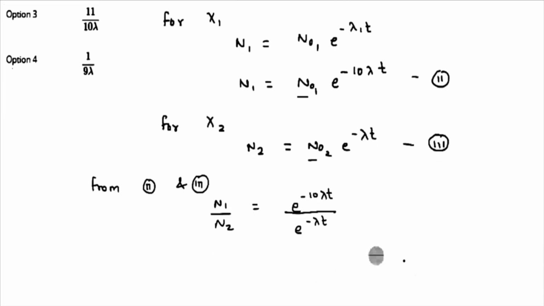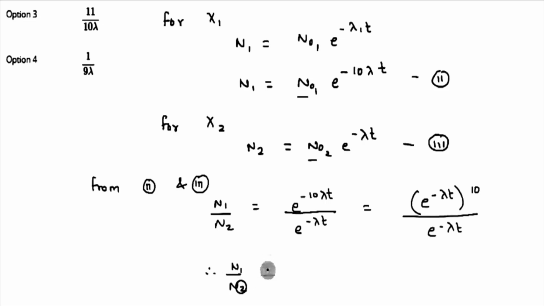This can be written as e raised to minus lambda t raised to 10 divided by e raised to minus lambda t. Therefore n1 by n2 will be equal to e raised to minus 9 lambda t.